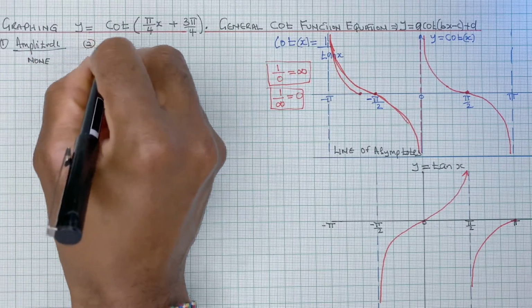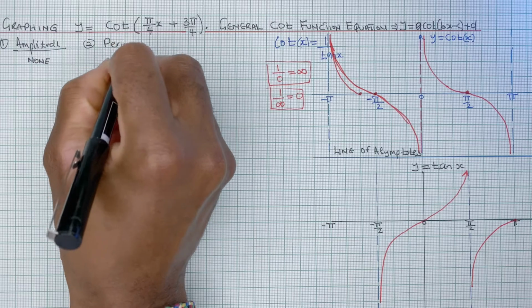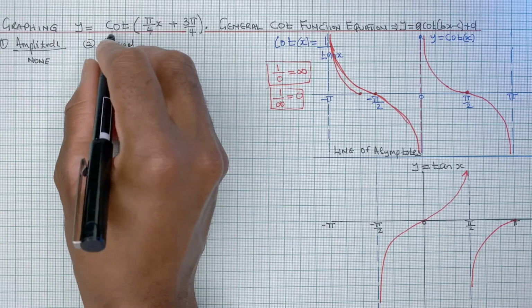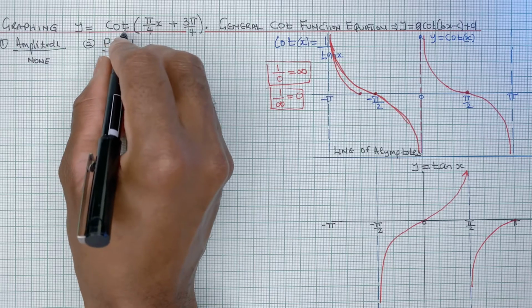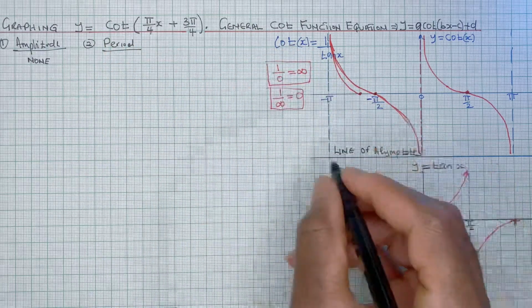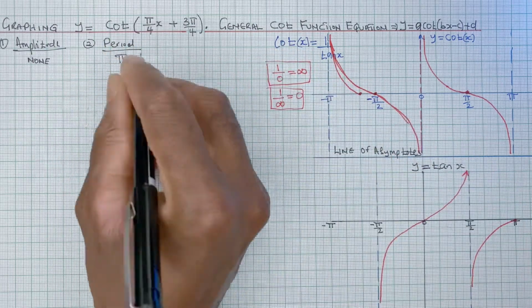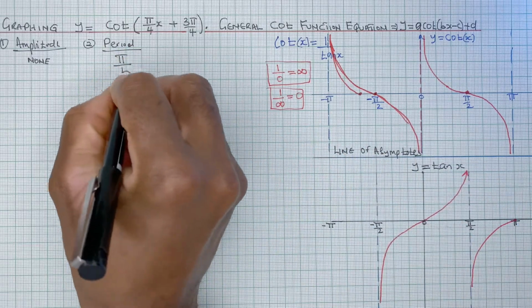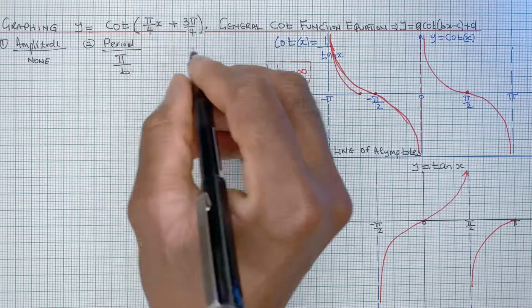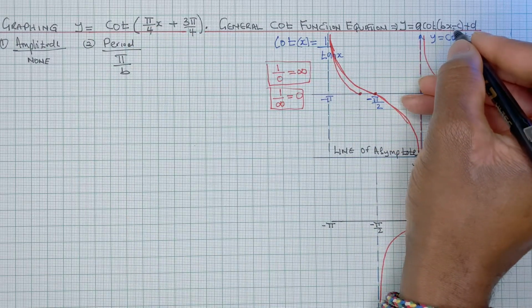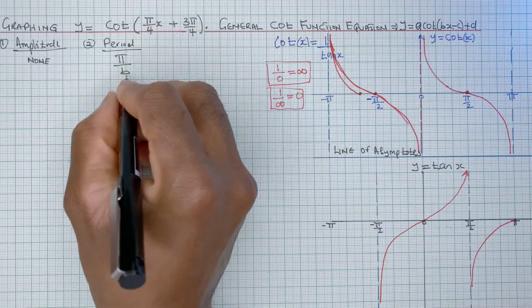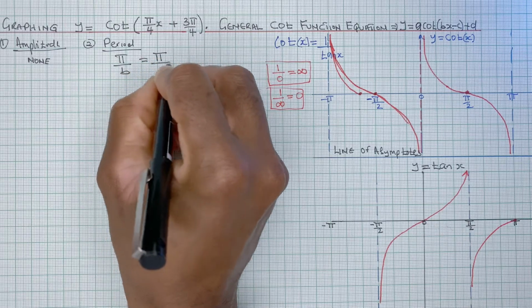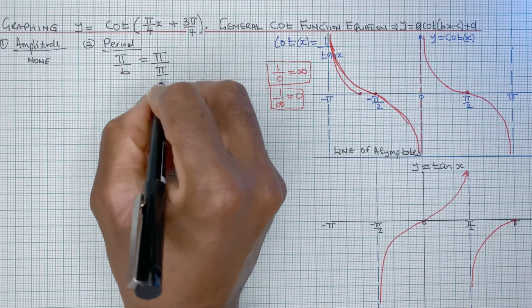Number 2 is period. Cotangent, the complement of tangent, and tan have a period of pi, because every period is pi, and then you divide that by b. The value of b is next to x, so you have to divide by b. In this case, it's going to be pi divided by pi over 4.